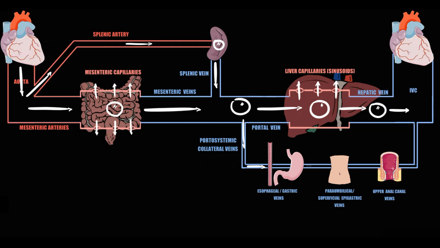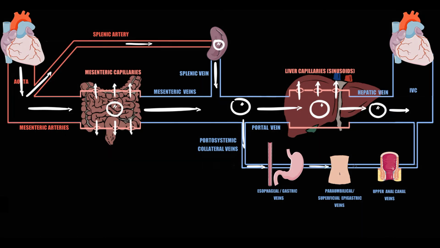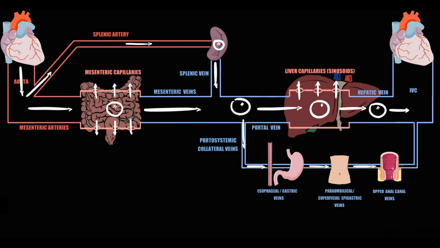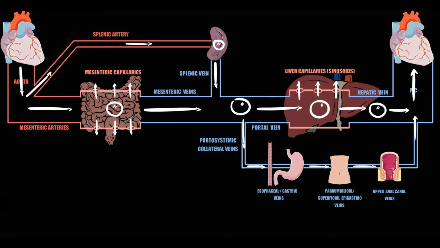Also, they provided flow to paraumbilical and superficial epigastric veins that are located on the anterior abdominal wall, and also to upper anal canal veins, and from these veins blood is drained into the inferior vena cava. From the inferior vena cava, blood goes into the right atrium and right ventricle of the heart, then crosses the pulmonary circulation and goes into the left atrium and left ventricle, and from the left ventricle, the heart again pushes blood into the aorta, so this cycle can be repeated over and over again.